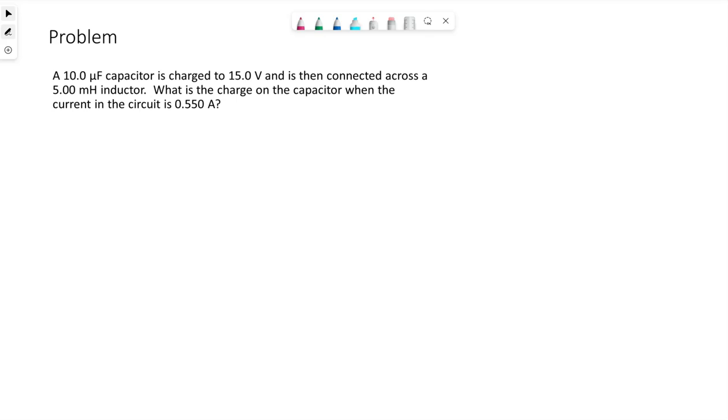All right, so we're bringing in a capacitor that has charge already stored on it. Sorry, my computer's at a very slow operating stage.